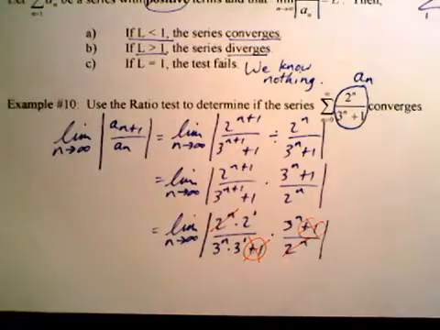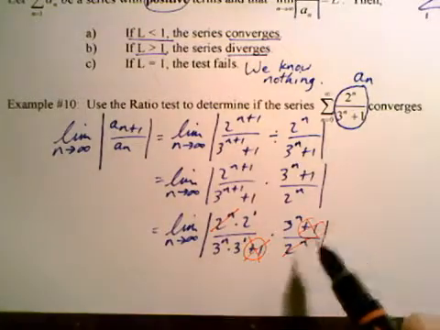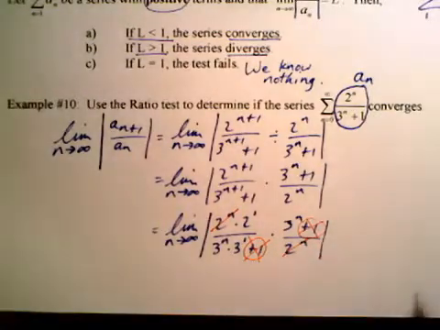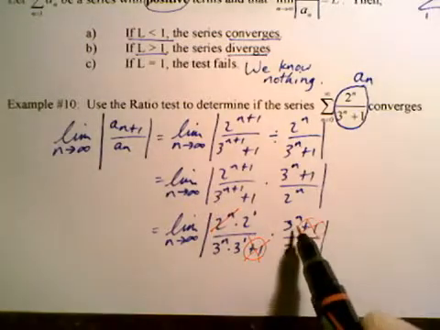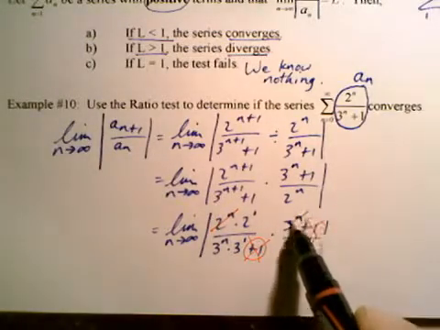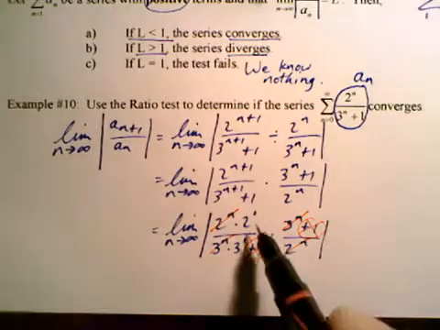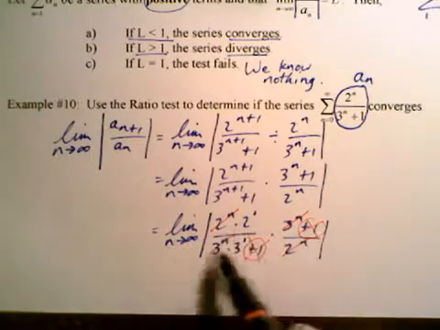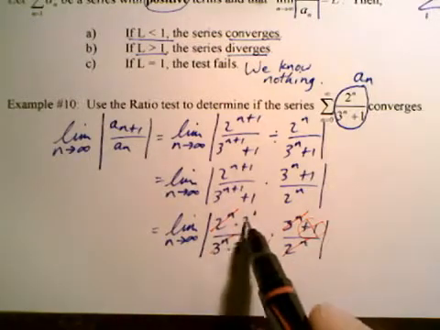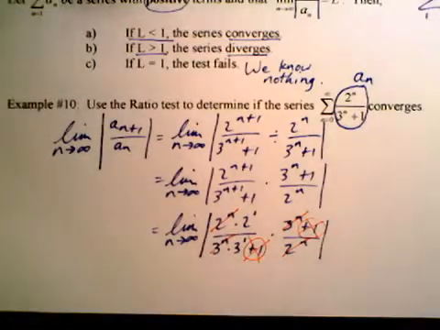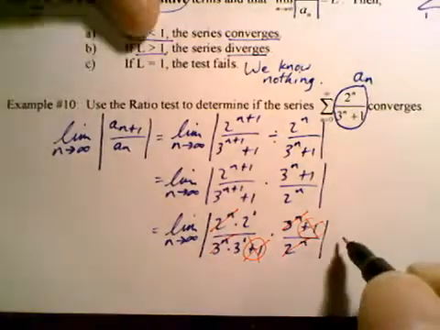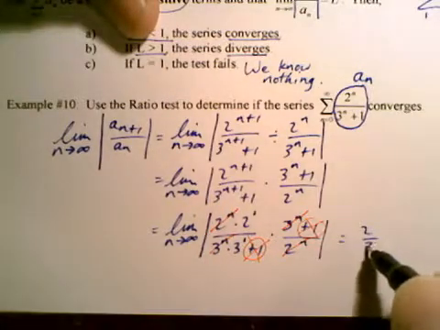So we can almost think of them as if they're not even there. And then what would we have here? We'd have 3 to the n up top, and that's going to cancel with that 3 to the n. And so what do we have? We have a 2 up top. We have no more n's. So we have a 2 up top and a 3 down below. And so the limit is going to equal 2/3.